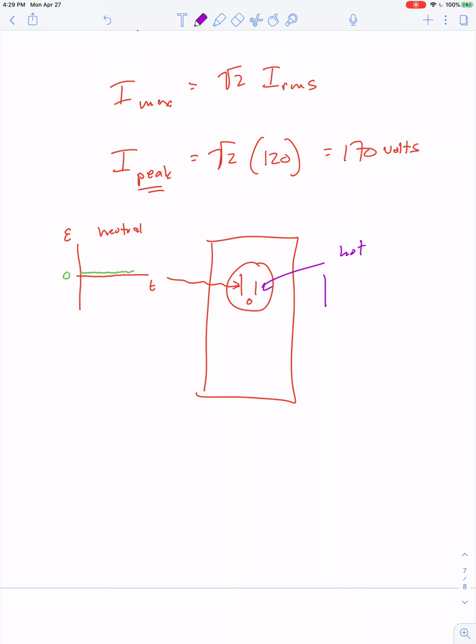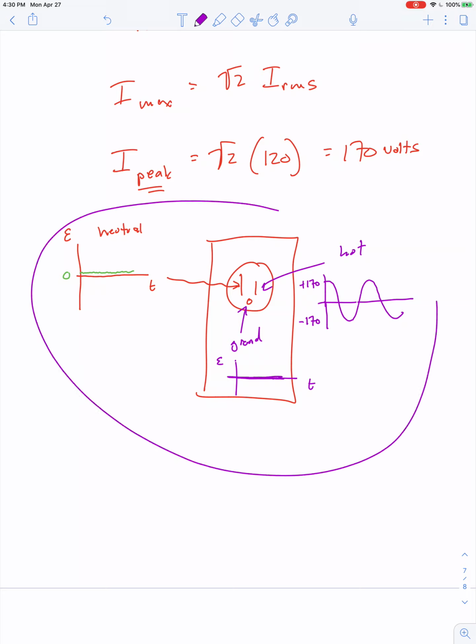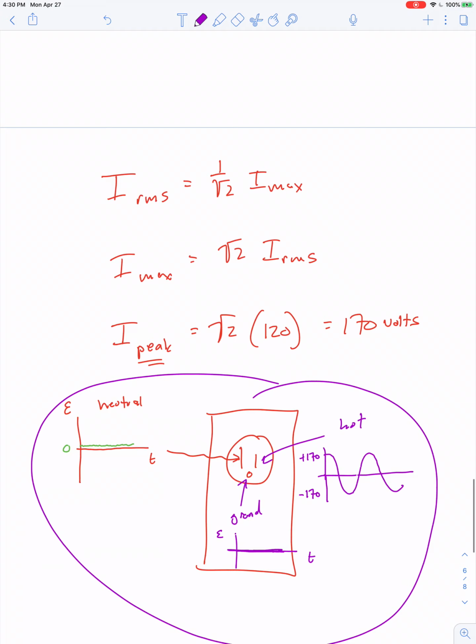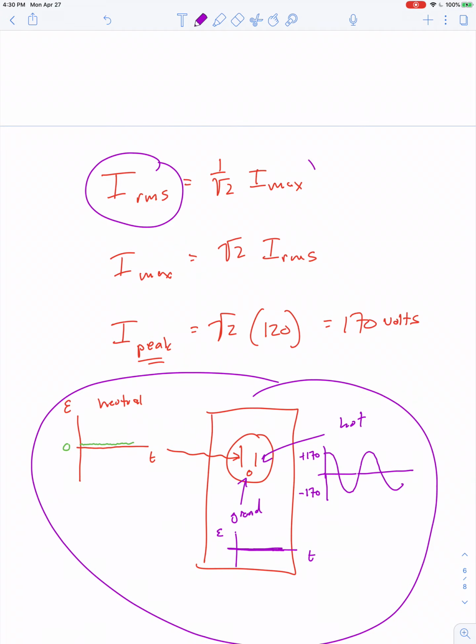And if we were to graph the electric potential of the hot, that's the one that's oscillating, and it's oscillating from positive 170 to negative 170. And of course, the other prong is true ground. So if we make a graph of that one's voltage versus time, that one really is just strictly 0. We'll explain more about this in the next video on transmission of electricity, but for now at least we've established some relationships between RMS values and maximum values.